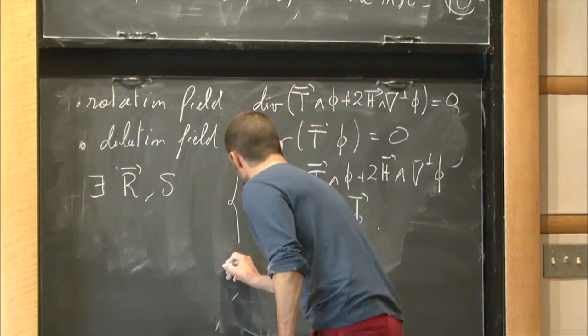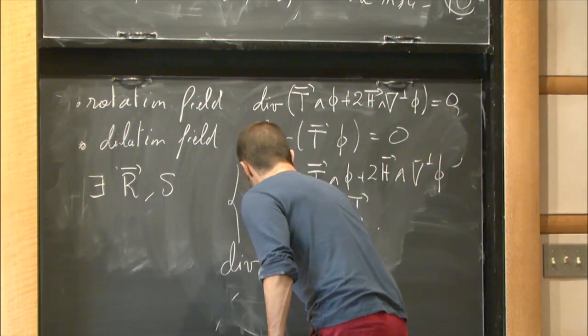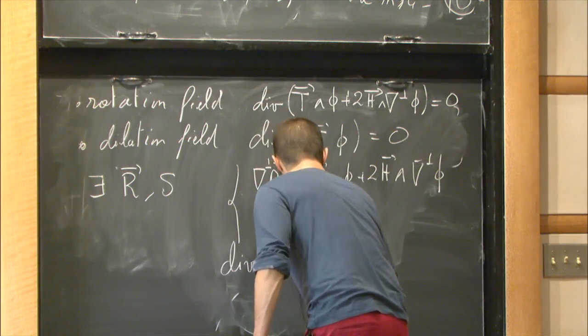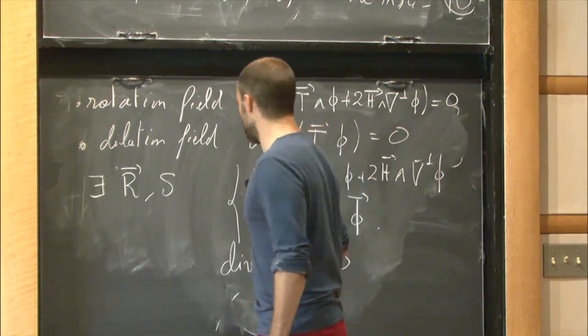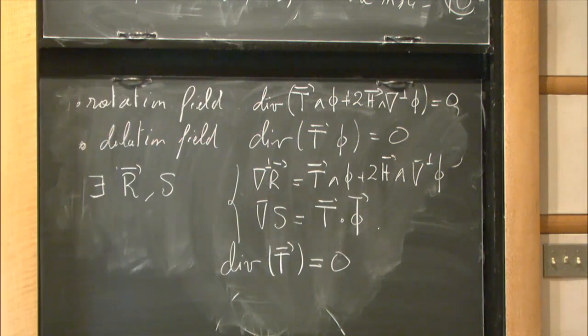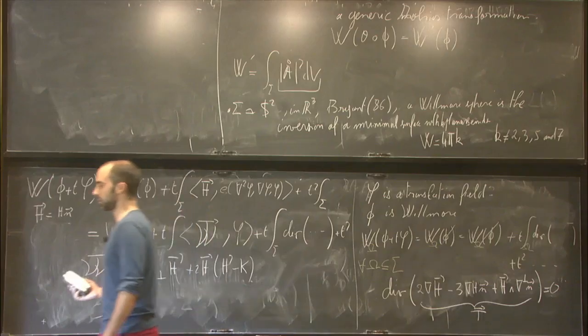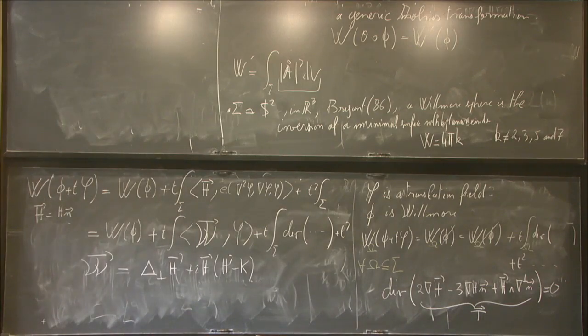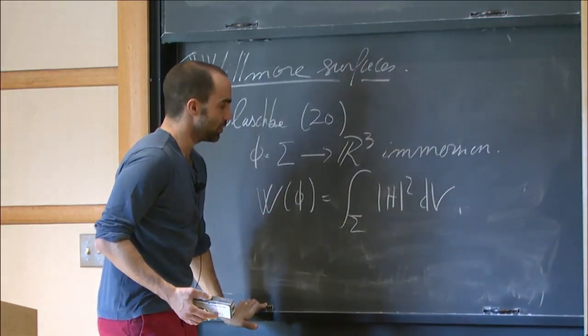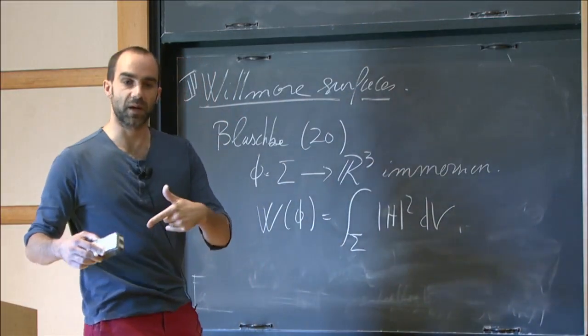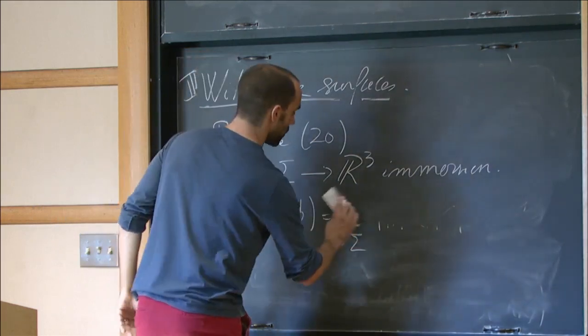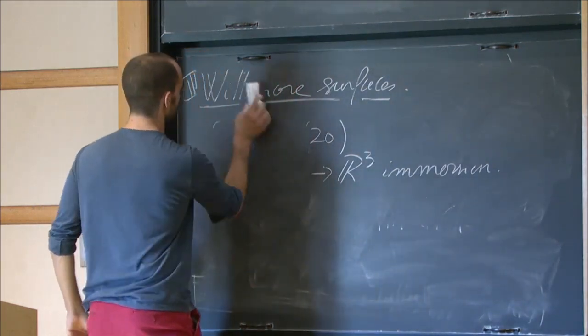And the last equation is just divergence T equals 0. So these are the three conservation laws given by the three invariants. In fact, I should say more. Translation gives 3, dilation 1, and rotation gives 3. And now, in fact, you also have one given by inversion, but it's more complicated to state, so I won't give it.